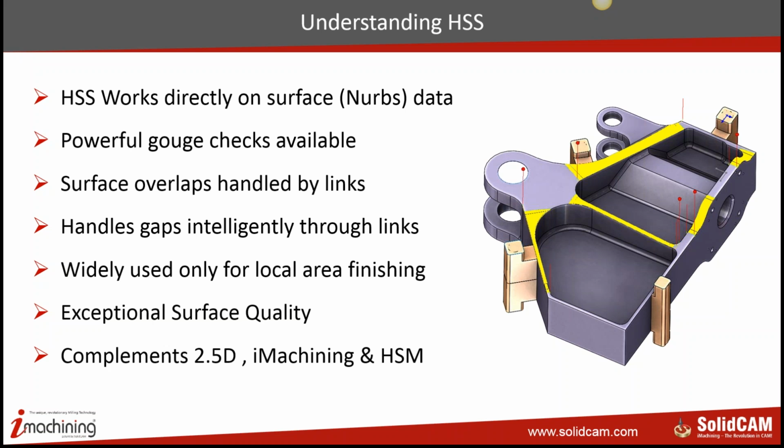You could have ribs that need to be done, or you could have undercuts that need to be done. So only some local area finishing is taken care of by HSS. Although these areas look very simple, you will find it exceptionally hard to use any other method to finish them. We are going to see a few examples of why they are so hard.